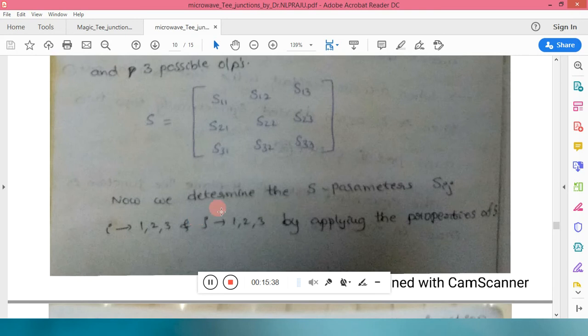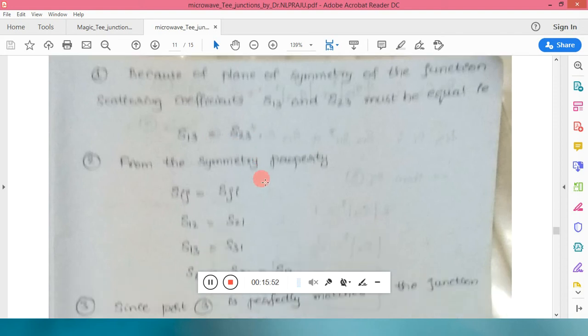Now to determine the S parameters Sij by applying the properties, first the symmetry property, Sij equals Sji. If we apply input at port 1, it is the same as getting output at port 3, the same as applying input at port 2 and getting output at port 3. Therefore, we can write S13 equals S23. From the symmetry property, S12 equals S21, S13 equals S31, S23 equals S32 equals S13.